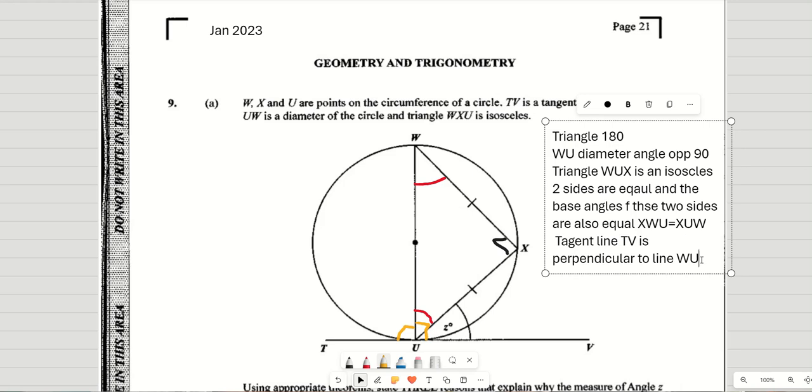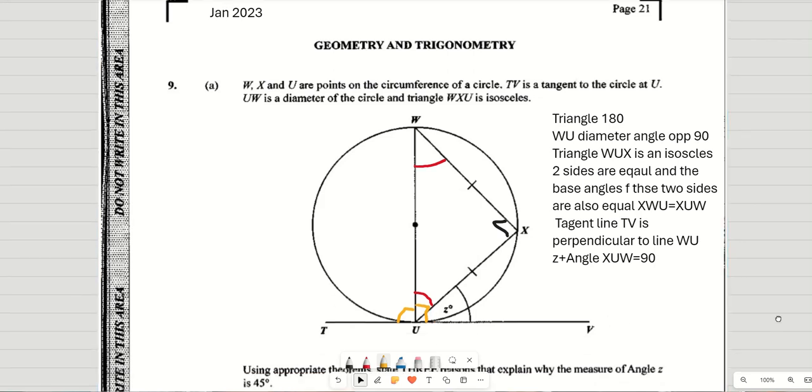So before we even started, we showed all the things that I have here. Right after, angle Z plus angle XUW would be equal to 90 degrees, because remember, this is 90 degrees.